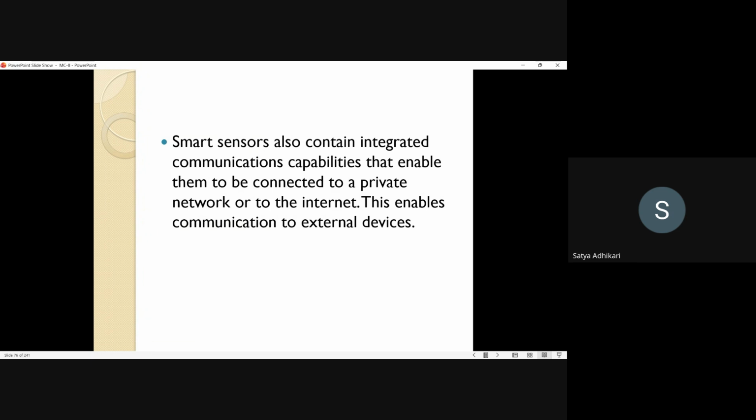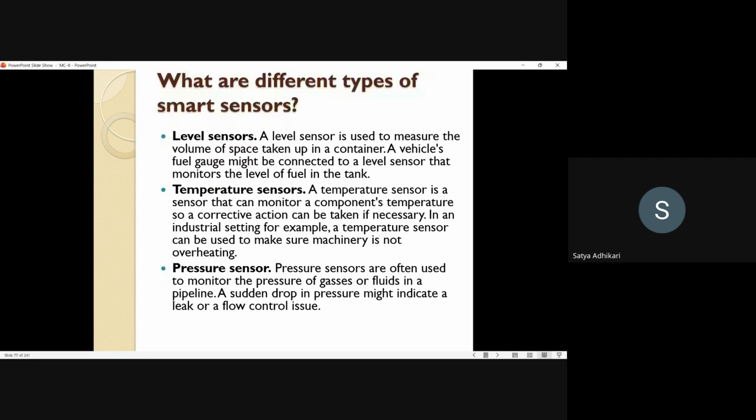Besides that, the smart sensor also contains integrated communications capability that enables it to be connected to a private network or the internet. This enables communication to any external device which is connected to any private network or internet.